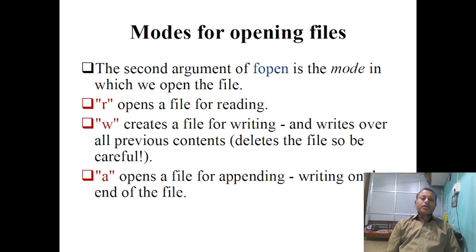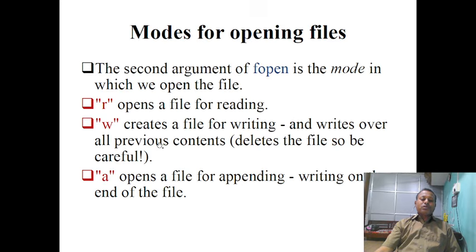Now, the second important part of a file handling program is the mode in which fopen opens the file. R opens a file for reading. W creates a file for writing and writes over all previous contents, which means it deletes the existing content, so be careful when using the write mode.